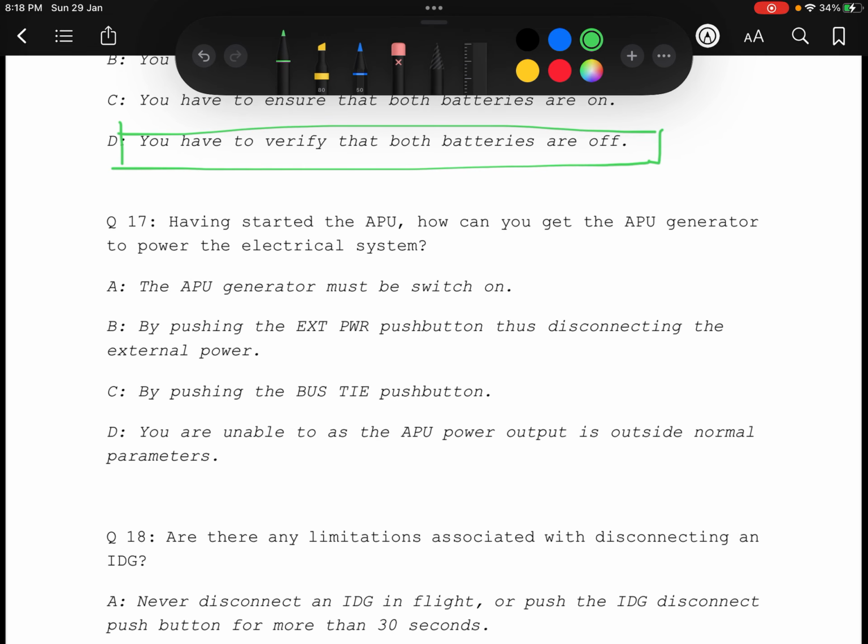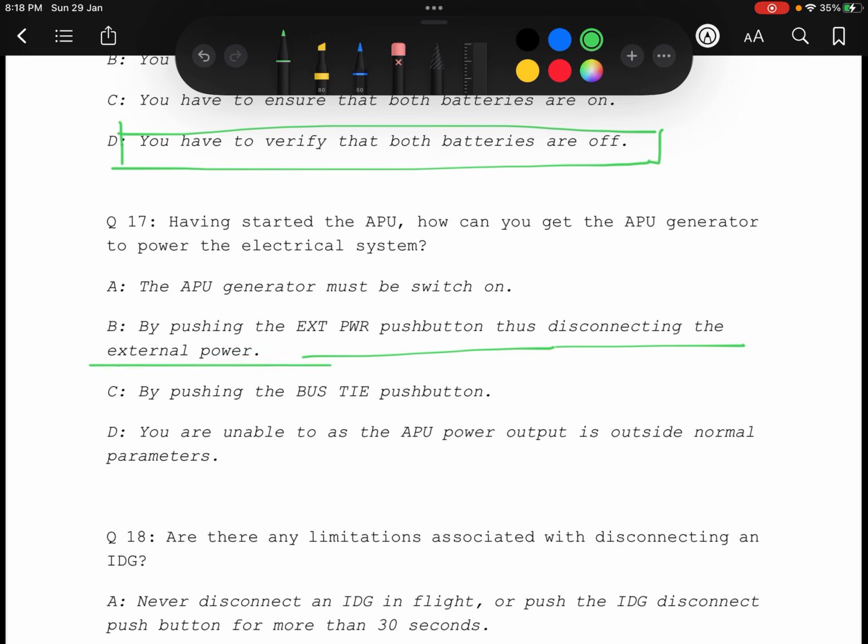Having started the APU, how can you get the APU generator to power the electrical system? By pushing the bus tie connection, no, the APU generator must be switched on, obviously. Question 17: and by pushing the external power push button, thus disconnecting the external power.